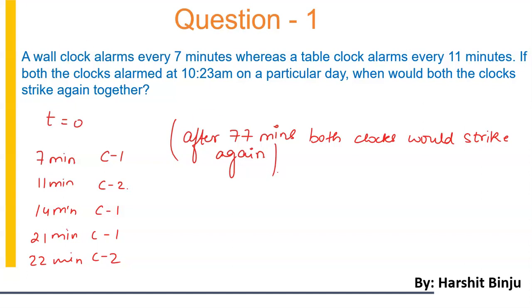So 77 minutes after 10:23. If I add 60 minutes to 10:23, it will be 11:23, and then I add 17 minutes to it, so that will be 11:40.